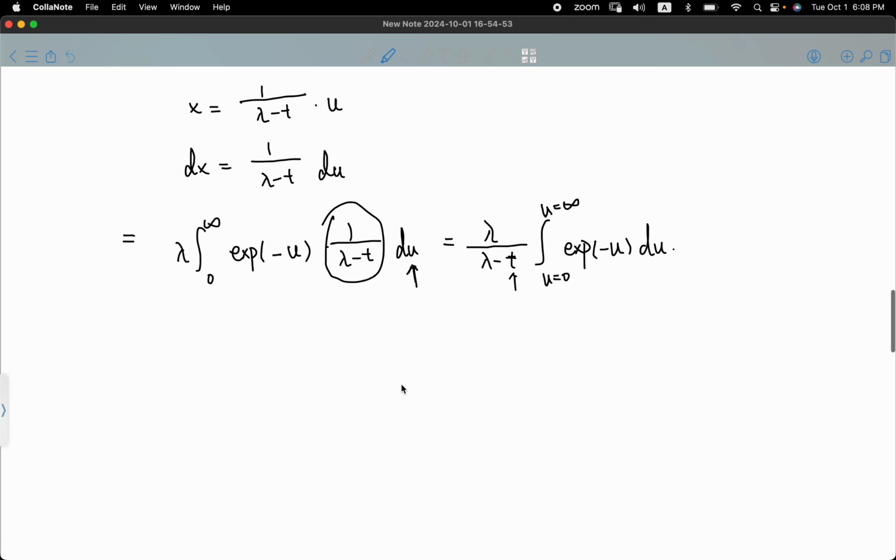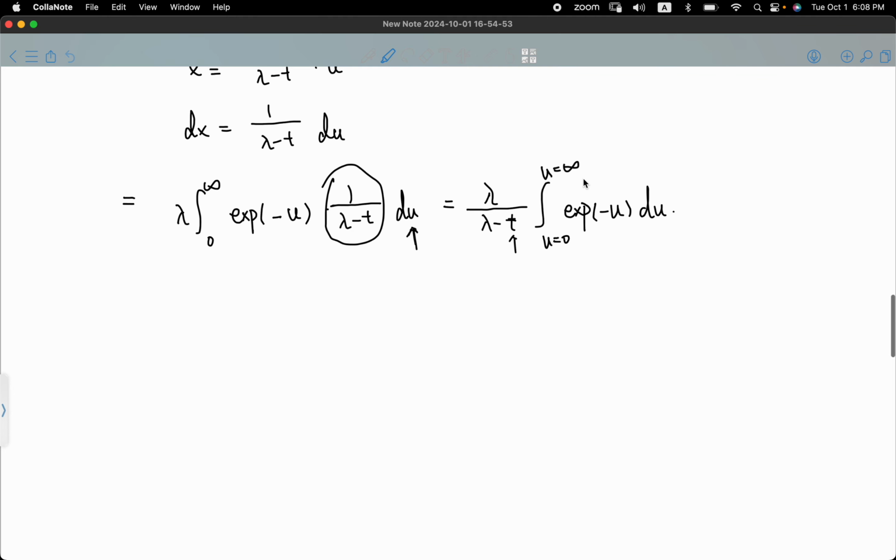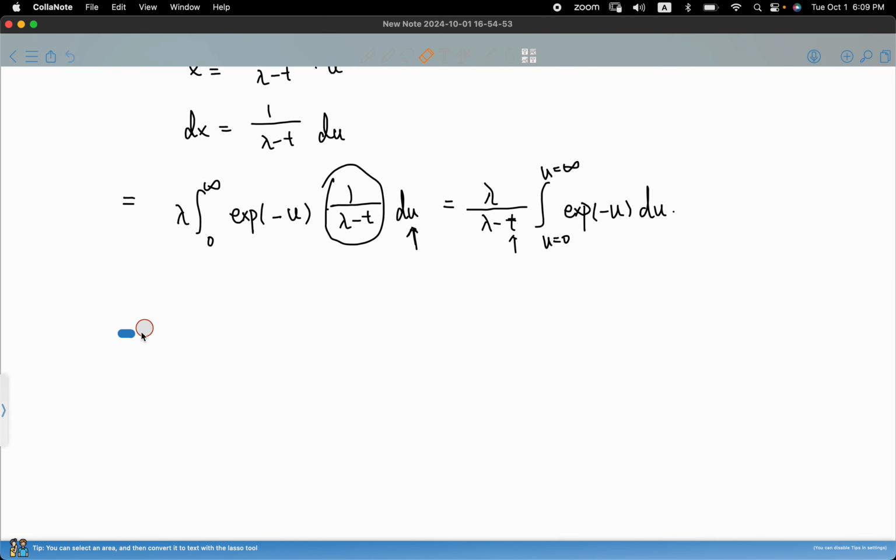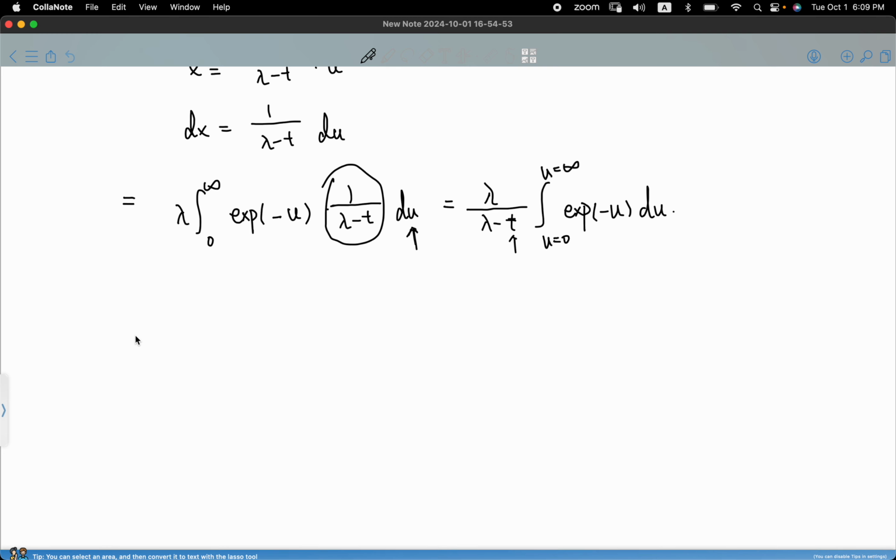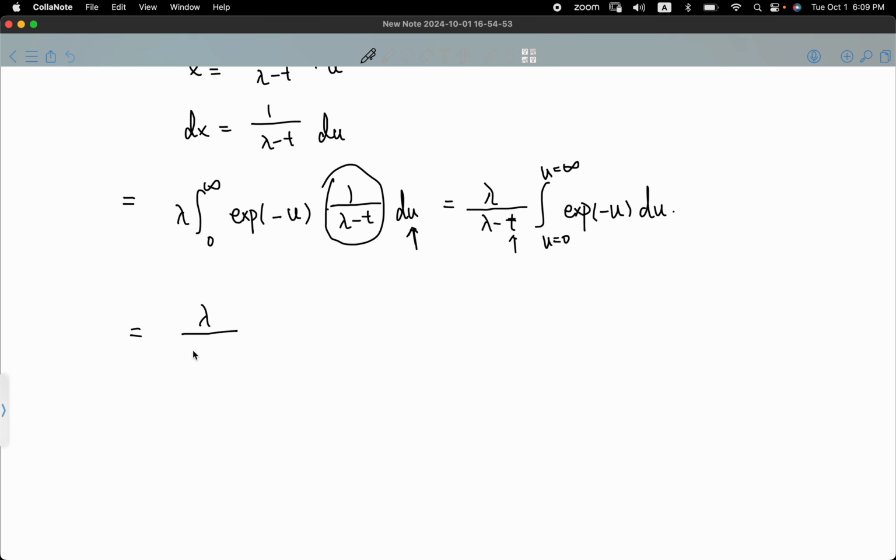Okay, then any thoughts on how to evaluate the integral here? I think after we make the change, this would be an easier integral to evaluate. So any thoughts, or what would be the result for that integral? What is the integral of exponential negative u?